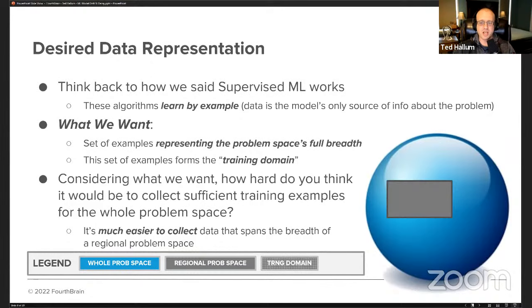And you can imagine it's much easier to thoroughly collect that data for this little smaller regional problem space than it would be to do that kind of high density data collection for the entire whole problem space, which would be the rest of the blue sphere.